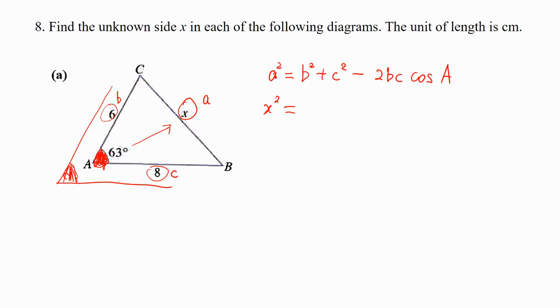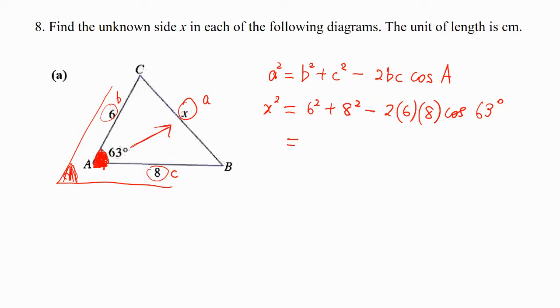Or you can let 8 be b and 6 be c. So 6 squared plus 8 squared minus 2bc cosine A. The angle that's opposite our side a, or side x, is 63 degrees. So the arrow drawn in this diagram will help us identify.